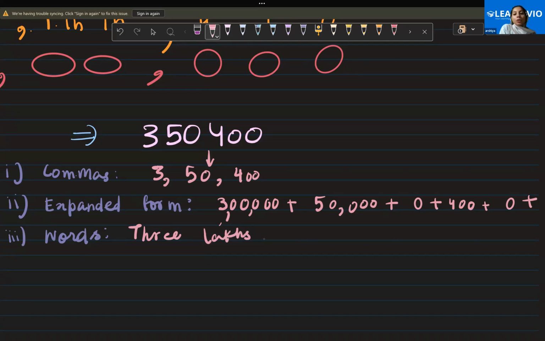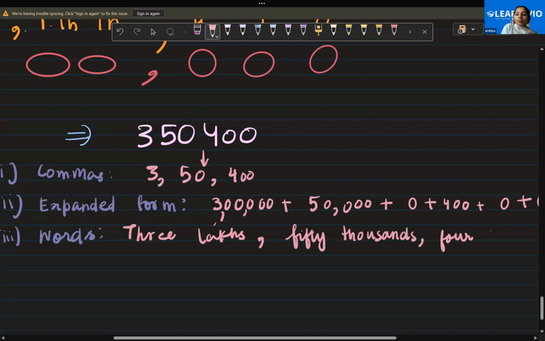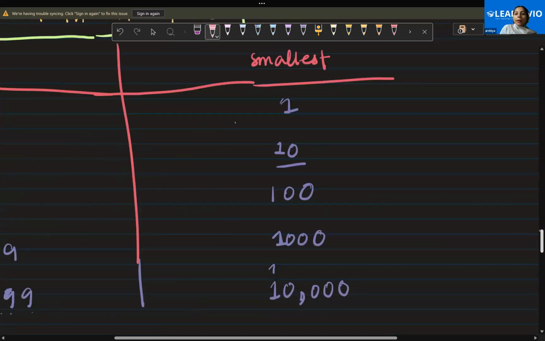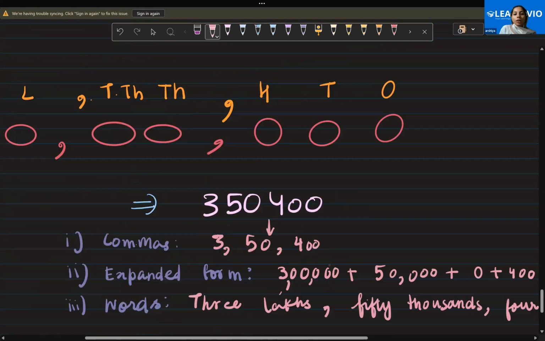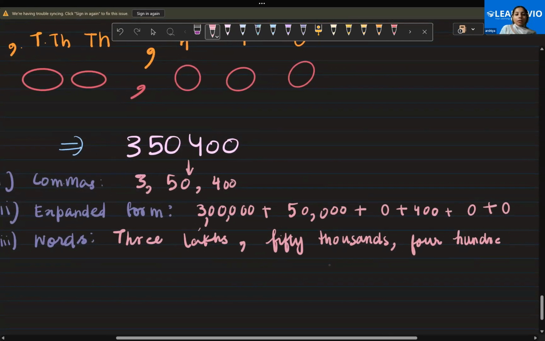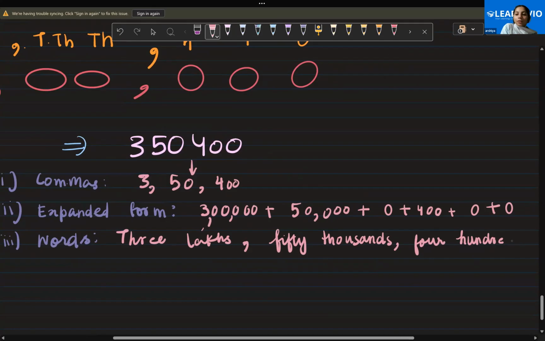After 3 lakhs, you put a comma. Then 50,000. Again a comma and 400. Did you write the expanded form, or should I show the screen? I wrote the expanded form. It's finished. Okay.